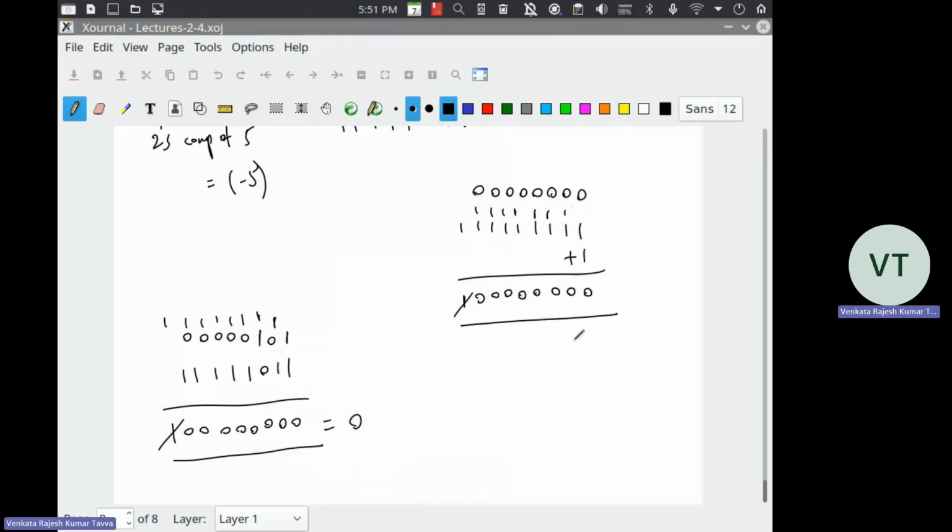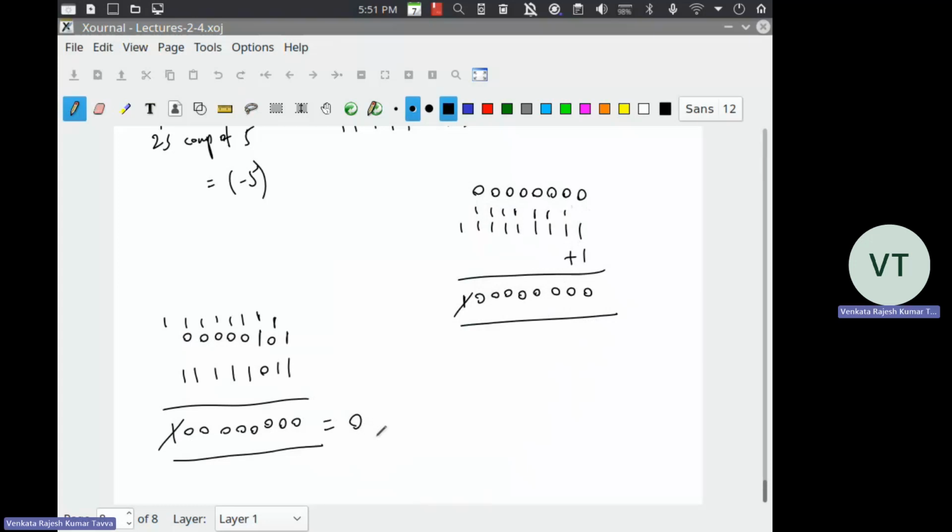You are again getting the same representation. So in 2's complement representation, there are no two representations for 0. Plus 0 and minus 0, no two representations. 0 and 2's complement of 0 are identical, which means plus 0 and minus 0 are identical. 2's complement of n is minus n. So 2's complement of plus 0 is minus 0, but both are identical. So space is not wasted.